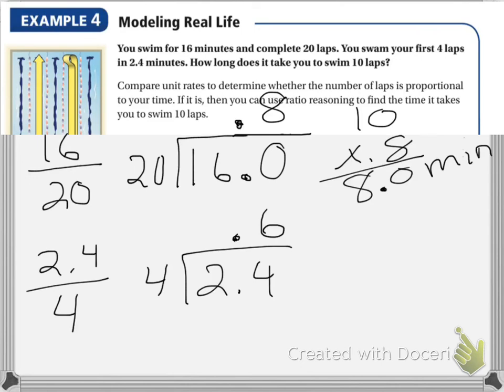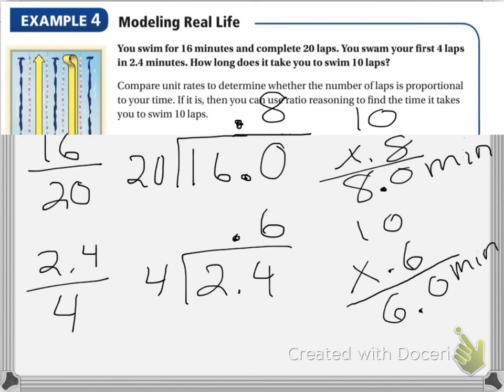But if we use the other ratio, we would take our 10 laps times 0.6 of a minute. And this one shows us that it would only take 6 minutes to do the 10 laps.